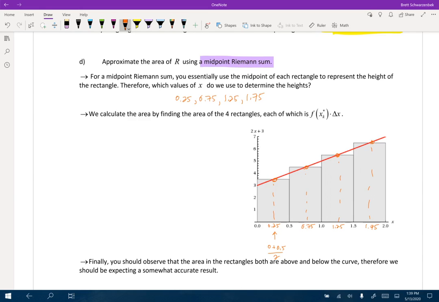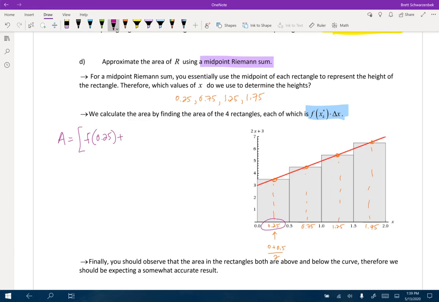So moving on like we did before, we can then do our calculations. What are we going to get? This time area equals, we're going to start with our first value of x, and that is 0.25, and then we're just going to do the same thing.